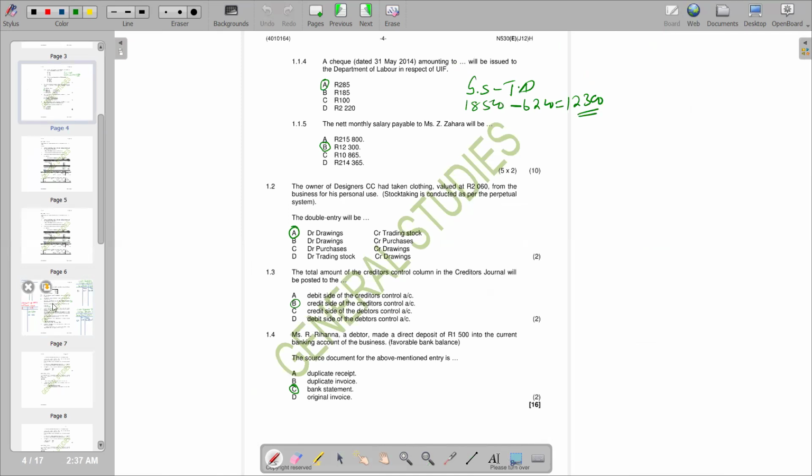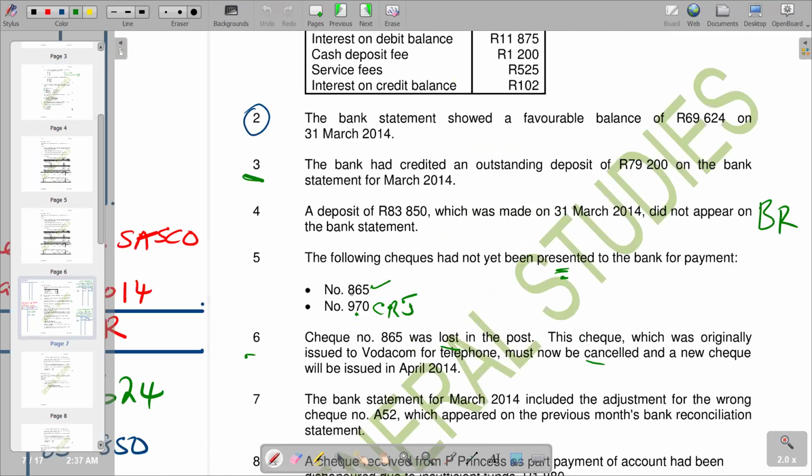Let's just try to see here. We have got our 865 again. We have not presented. So it means we need to go to check number 865. Sorry, check number 865 is the one which needs to be removed, which is supposed to be recorded in the cash receipts journal.